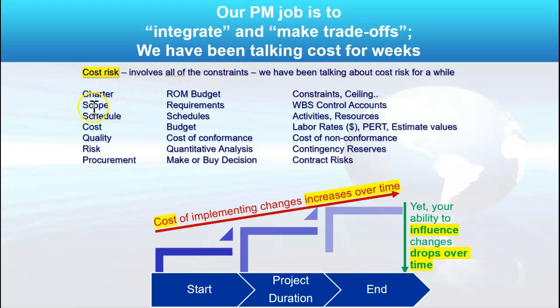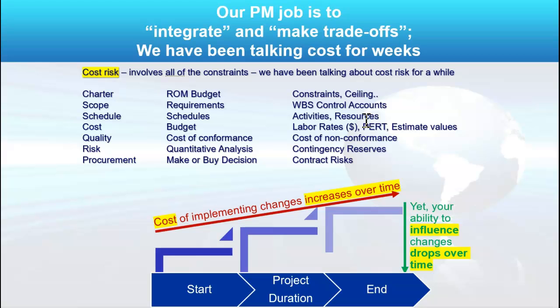In scope management, we talk largely about requirements. And in the work breakdown structure, we actually add numbers called control accounts. And that will help us aggregate our costs back up from the bottom of the work packages. In schedule, we're going to build the schedule, and those activities require resources to get done in a specific amount of time.